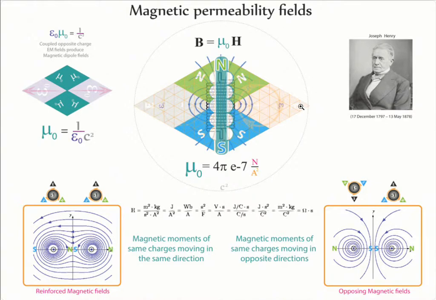Obviously the energy momenta or the electric permittivity of the field affects other charged particles within it, and equally the magnetic dipoles can do the same.